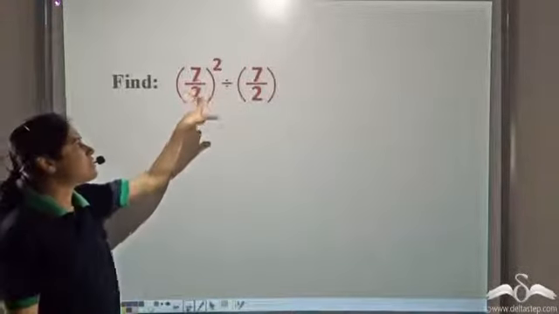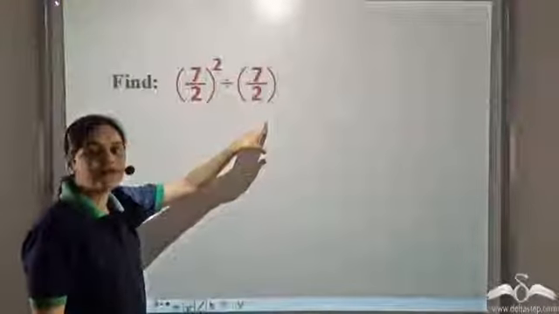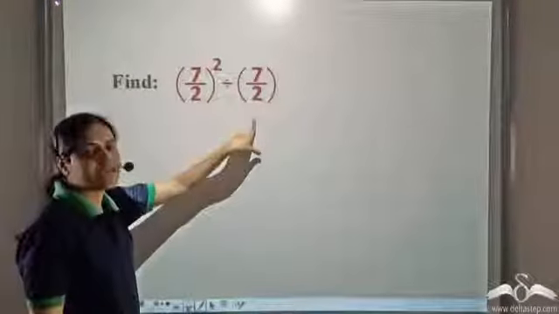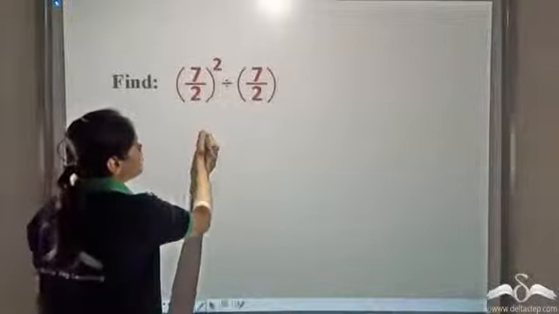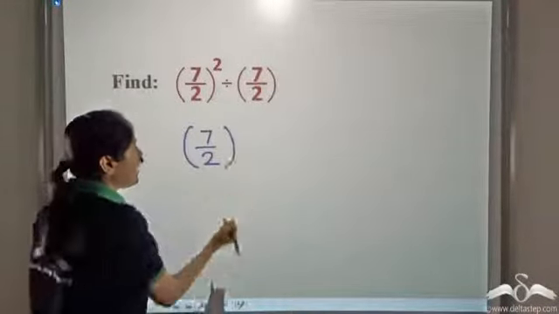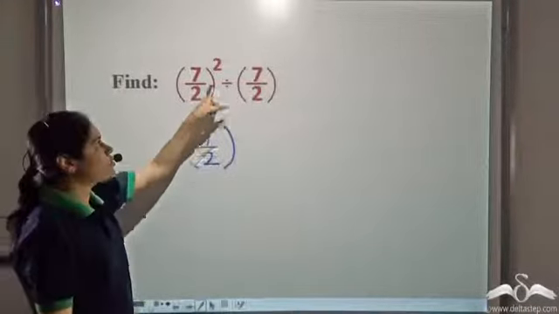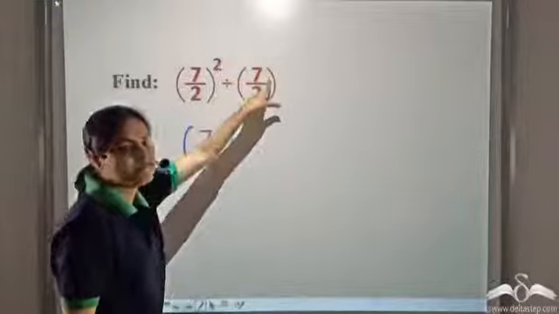This is 7 by 2 to the power 2 divided by 7 by 2. So the base is same. So we have 7 by 2. And now we use the law of exponents for division. So we subtract the powers.